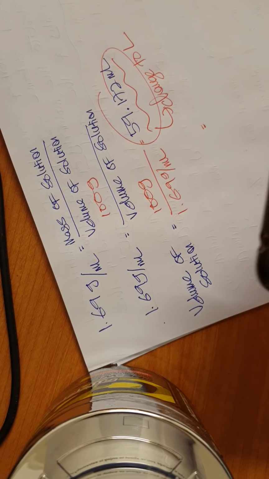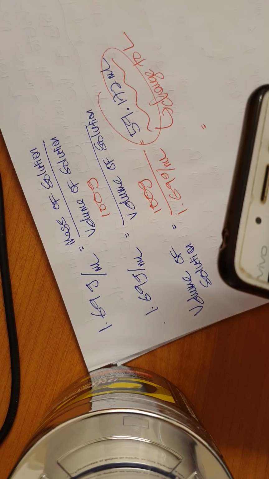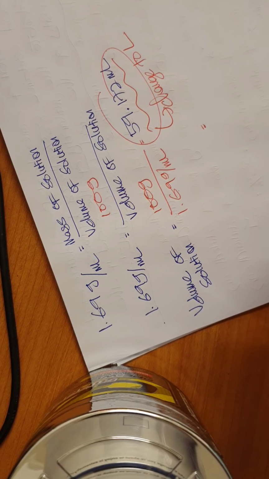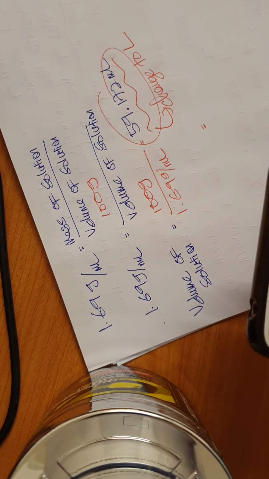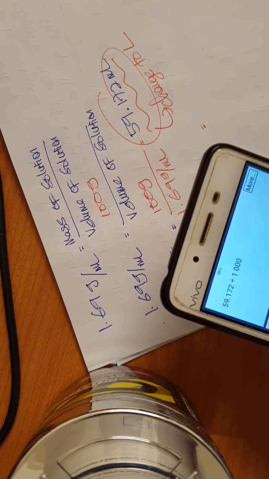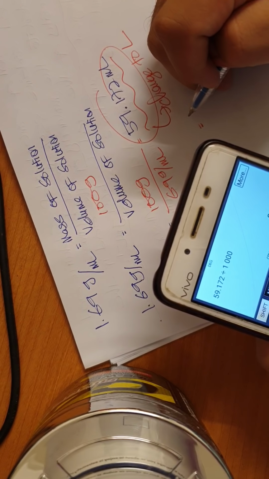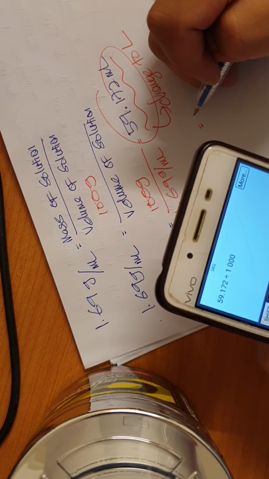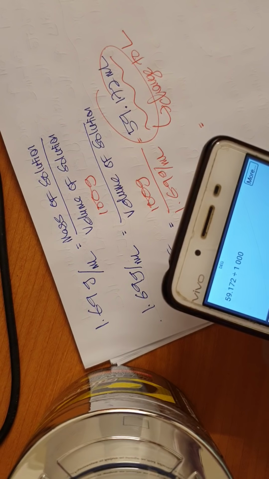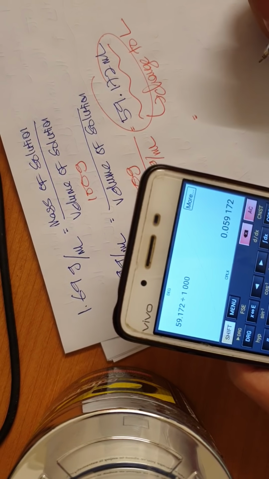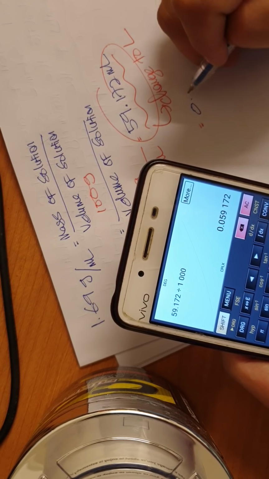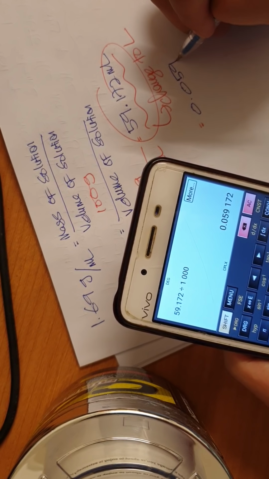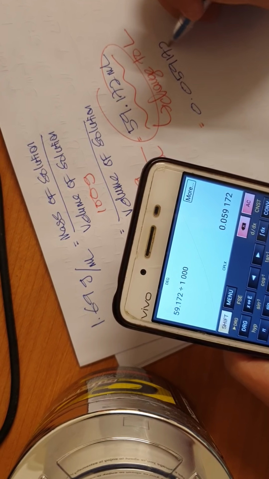So this one is gonna be about how much? Okay, so it's gonna be about 59 mil, which is 0.059172 liter.